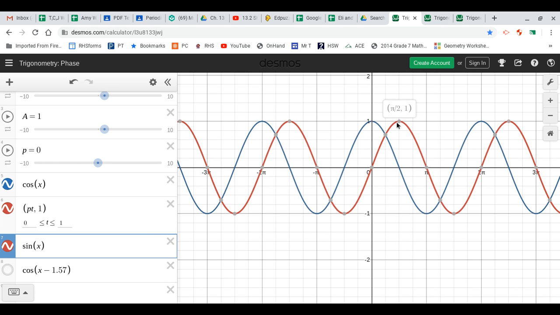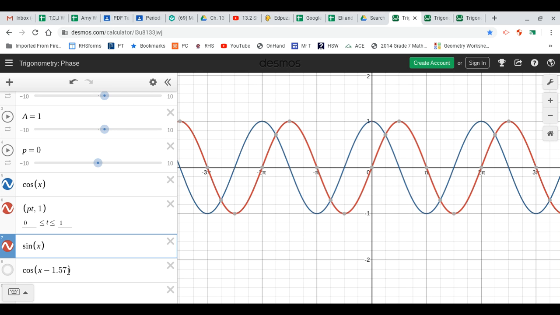We can see on the graph pi over 2. Pi over 2 in radians is 3.14 over 2, which is 1.57. So I'm going to click on the graph of the cosine function with a phase shift of minus 1.57.